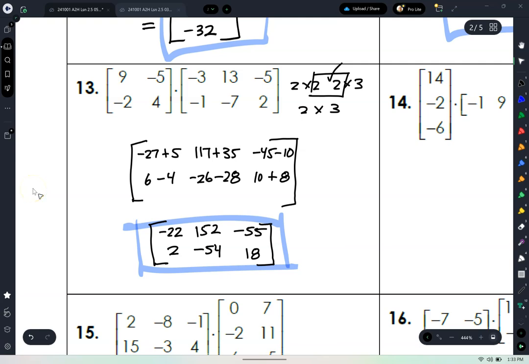Take a look. Here's what you should have come up with right here. So again, use your columns or your circles if you want to help you out. You can also write your element numbers in there to help you out as well.